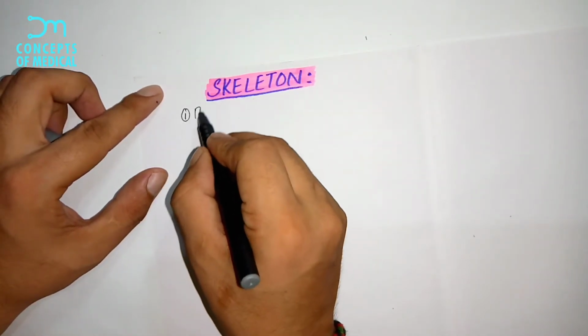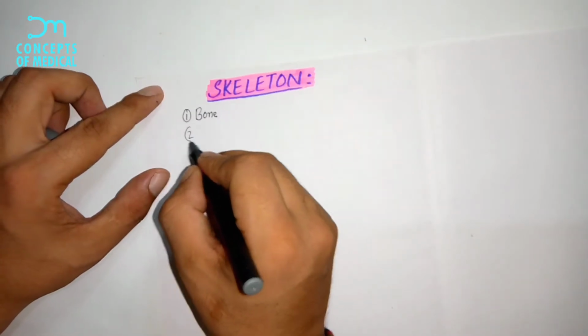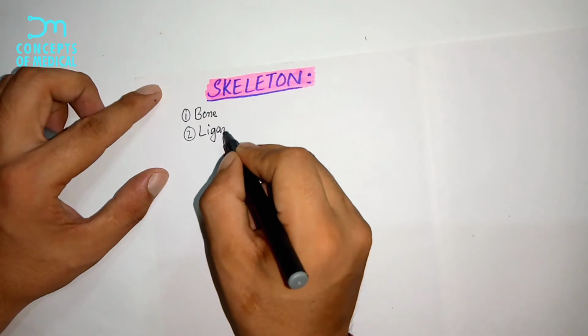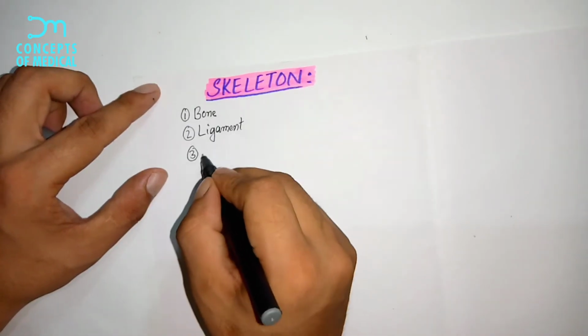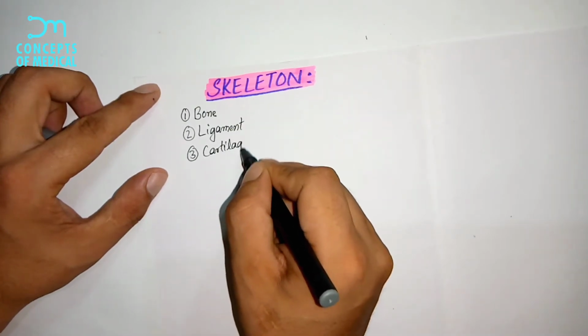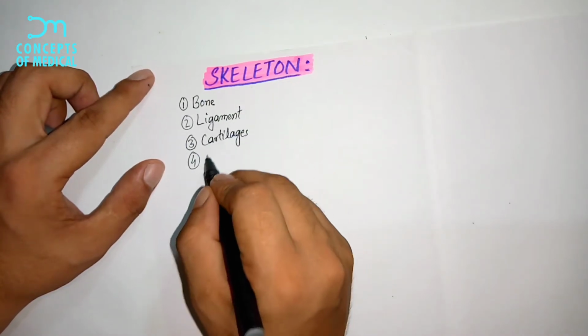The second is the associated ligaments. The third is cartilages, and the fourth is the joints.